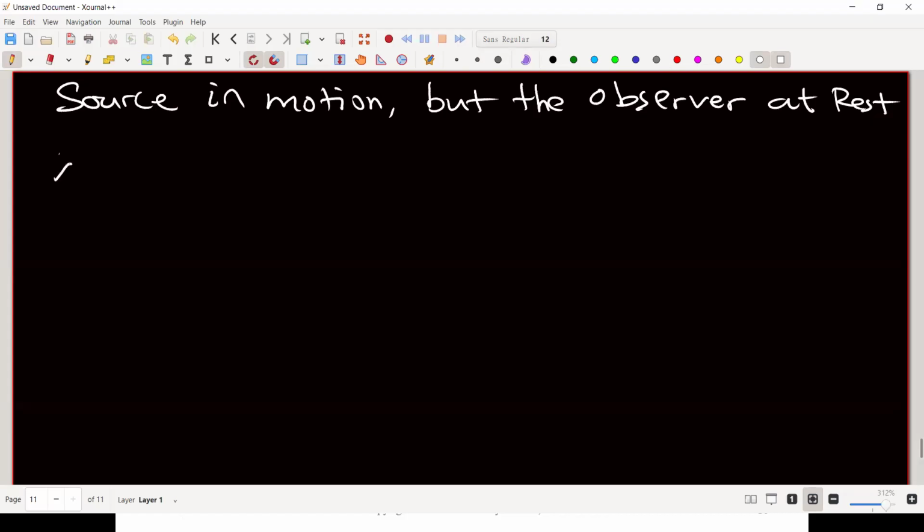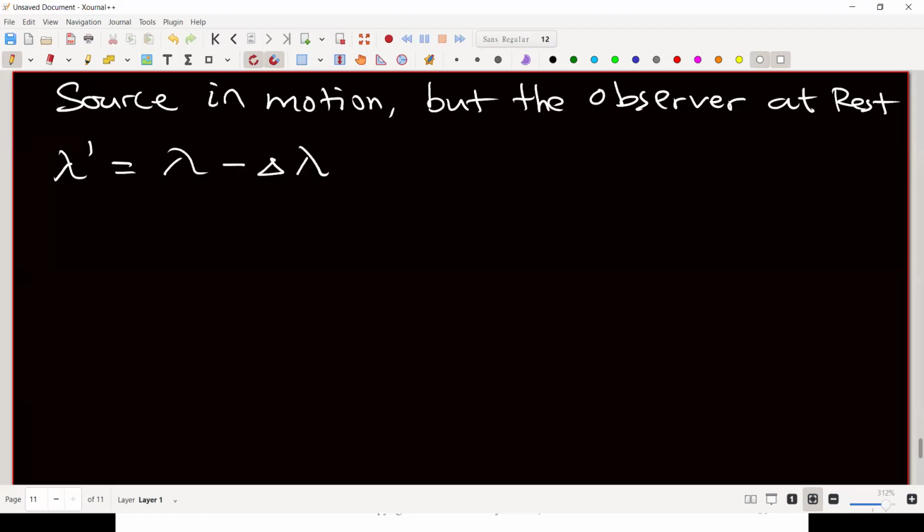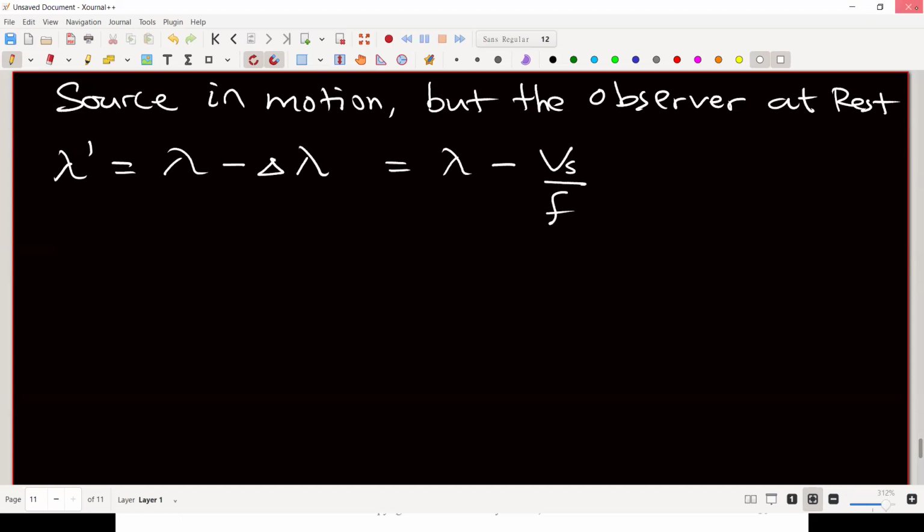So we know that lambda prime is equal to lambda minus delta lambda, lambda minus v source divided by frequency. And we can calculate the f prime frequency: v divided by lambda prime.